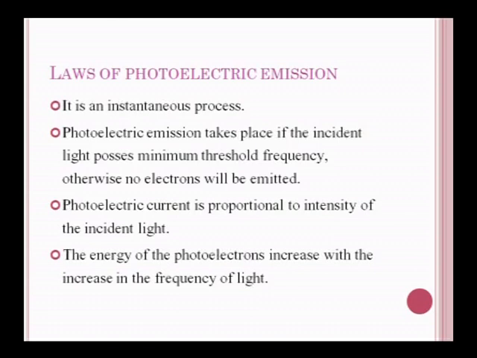Whereas in the case of thermionic emission, as I told you, the metal has to be heated up. When the metal attains a certain temperature, then the electrons will be released, but that is not the case here. In this case, as soon as the light falls, there is immediately an emission of electrons.